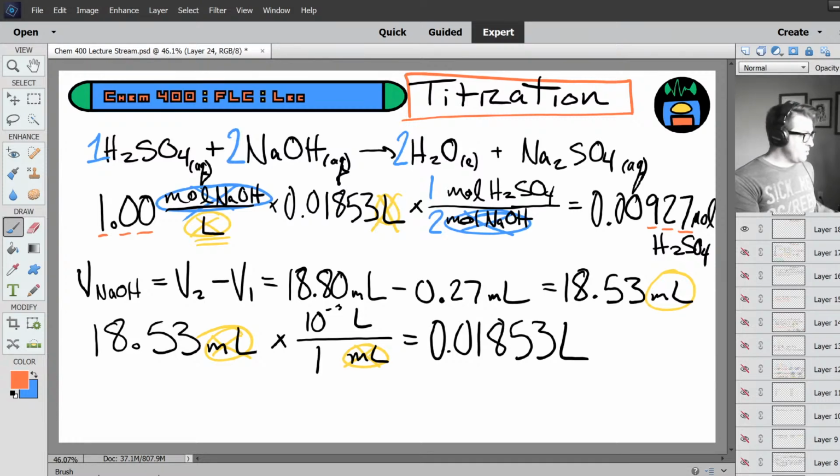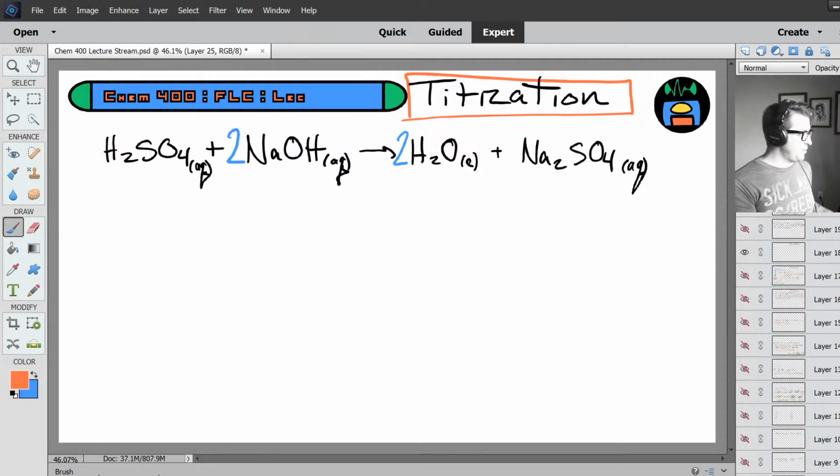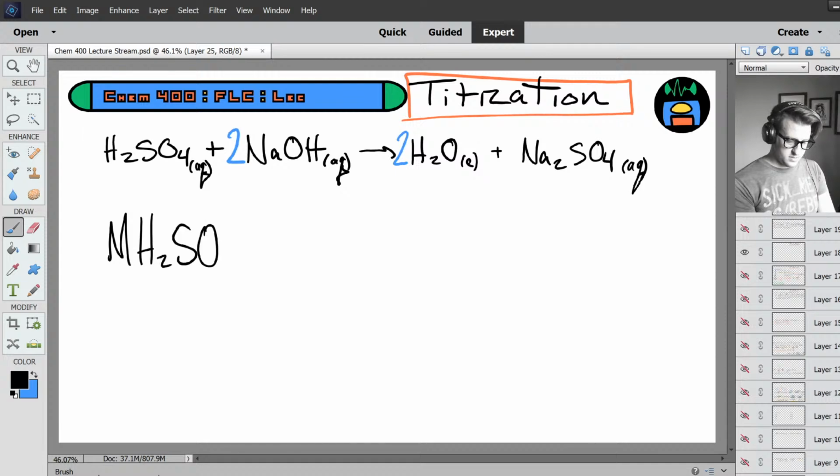Now that we know how many moles of sulfuric acid we have, we can solve for our molarity. Because molarity of sulfuric acid is equal to moles over liters.